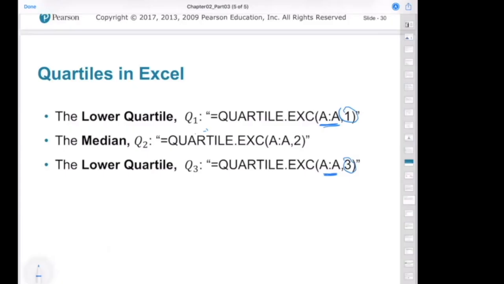Of course, as you know now, the second quartile is the median. So you have two options: use the median function to find the median or the second quartile, or use the same function, QUARTILE.EXC, the data, and then 2. So this gives you the second quartile.